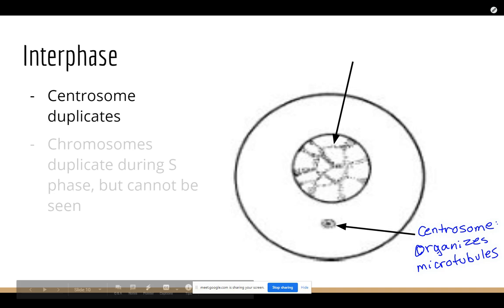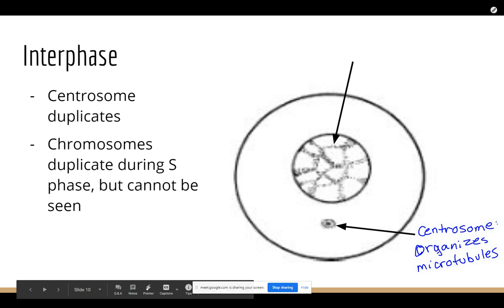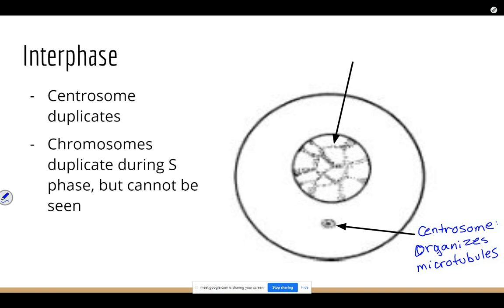The other thing that happens during interphase is that the chromosomes duplicate. Like we said, DNA replication happens during the S phase, but they are not visible. The DNA at this phase during interphase exists in a form called chromatin.